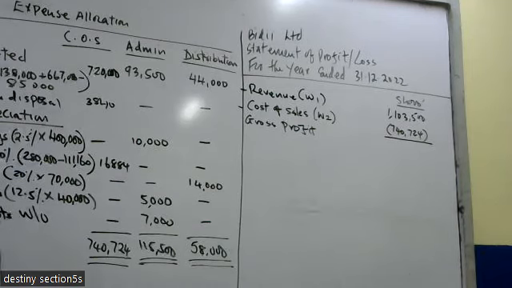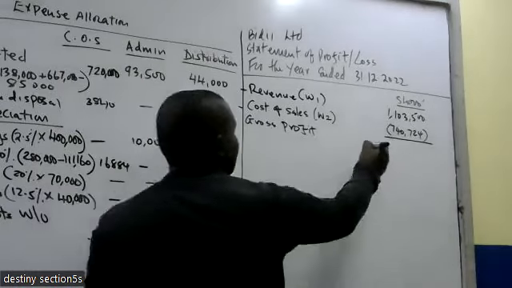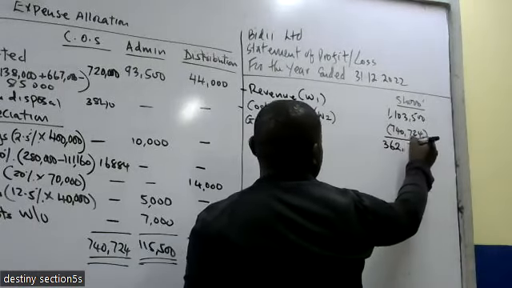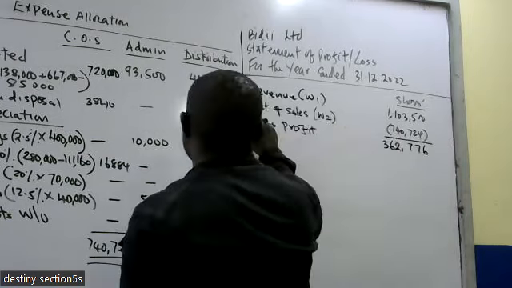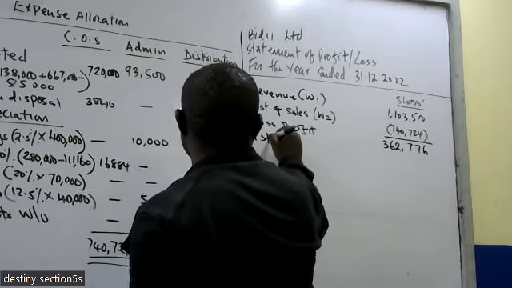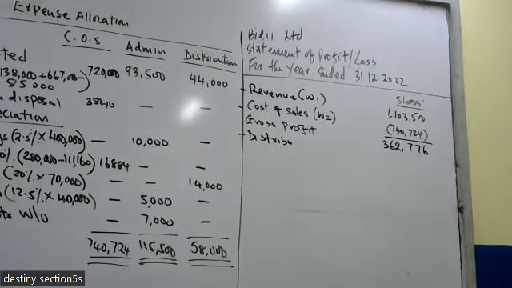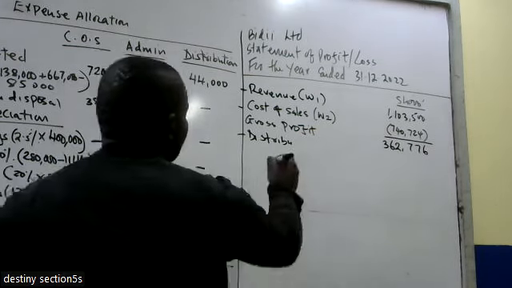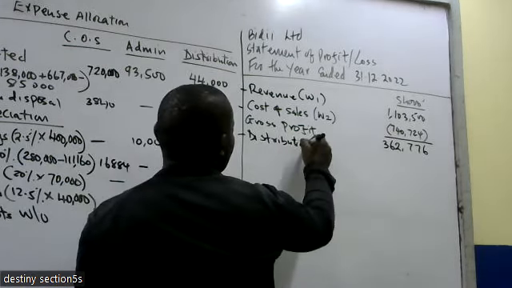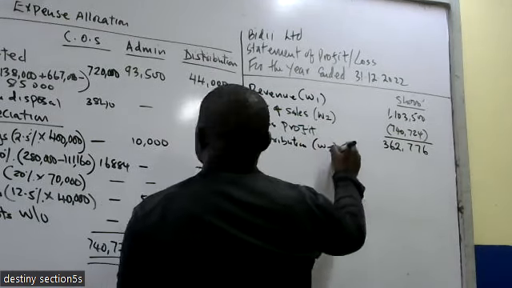So people are getting 362,776. 362,776. Follow it with the distribution. I hope there is any other income. Wait, if there is any other income, I add before. No, put other income. So distribution, working 2.